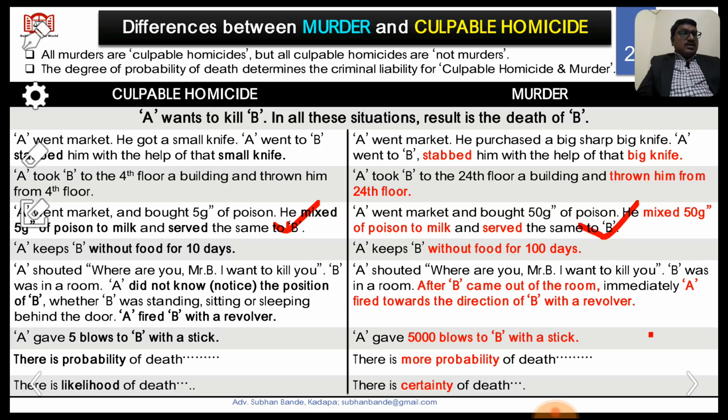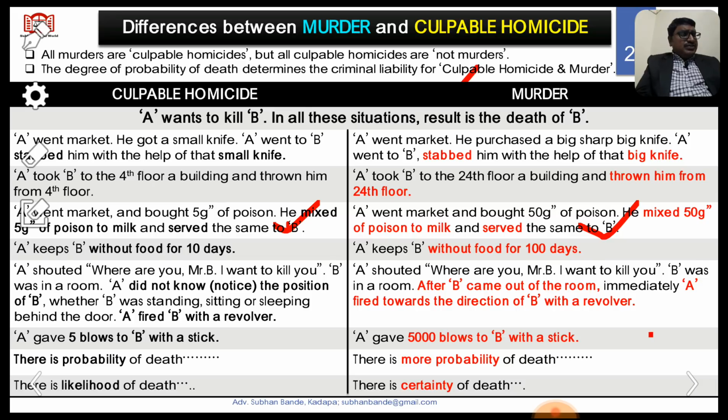Here, the amount of poison mixed into the milk differentiates whether this offence is culpable homicide or murder. After the death of Mr. B, after medical examination and the post-mortem report, if the expert states that 5 grams of poison is likely to cause death, then it becomes culpable homicide.